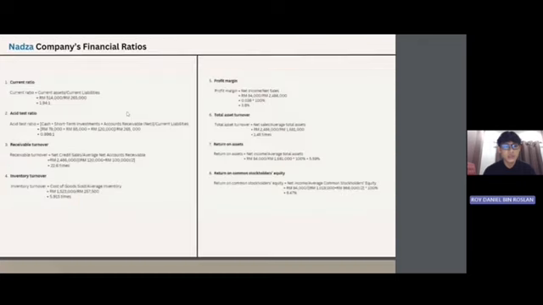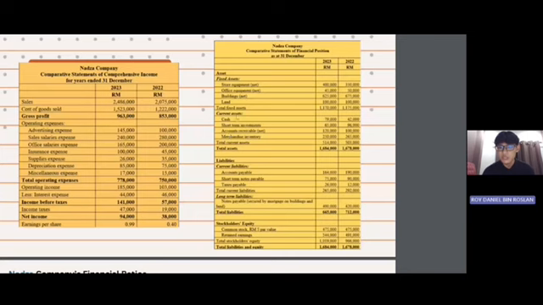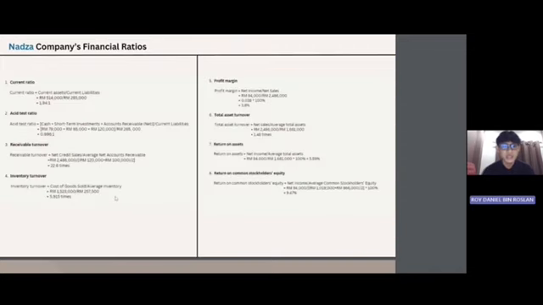The average inventory you can get from current assets: you add the beginning and ending inventory and divide by 2 to get the average inventory. So 1.523 million divided by 250,500, you'll get 5.915 times for inventory turnover.